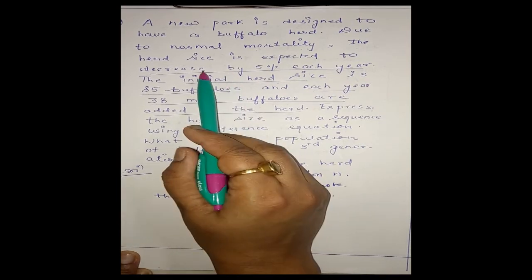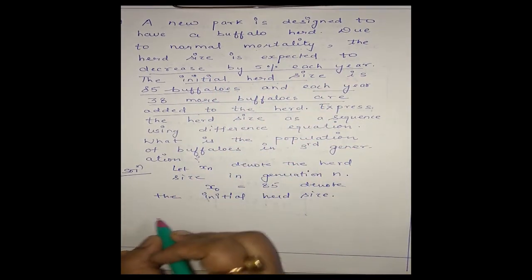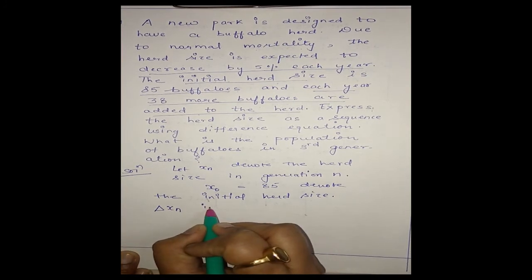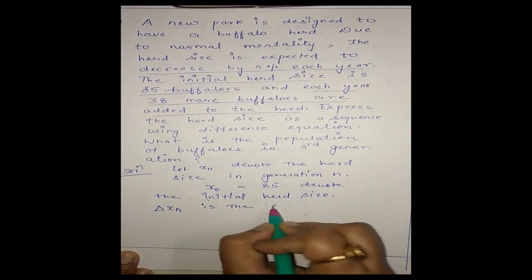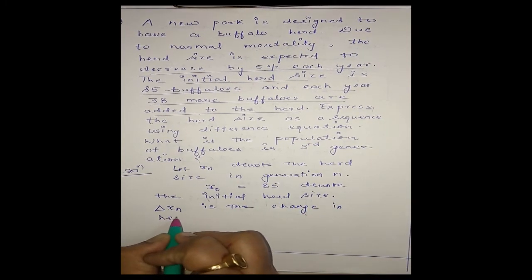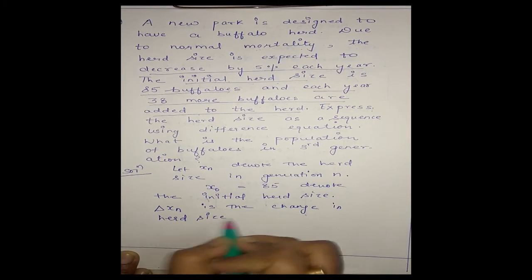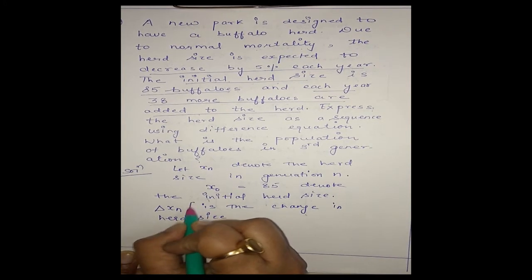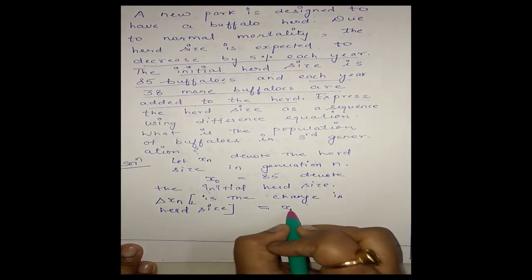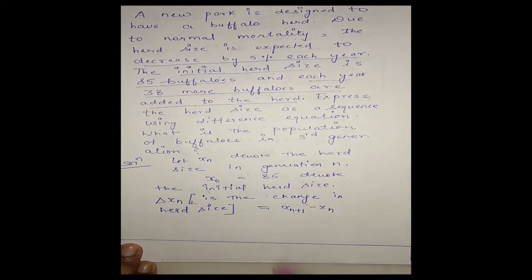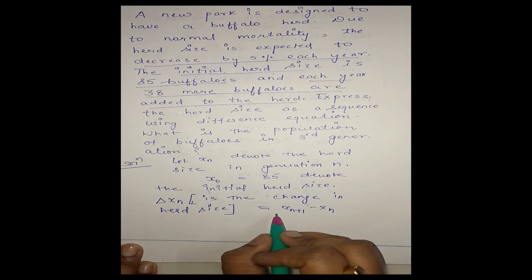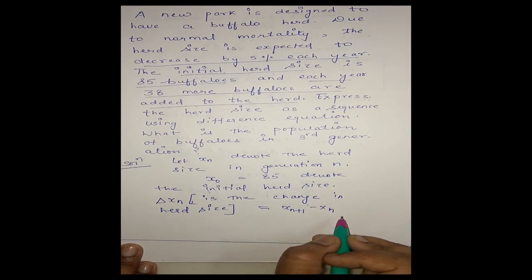Now delta xn is the change in herd size, which by definition is given by xn plus 1 minus xn.